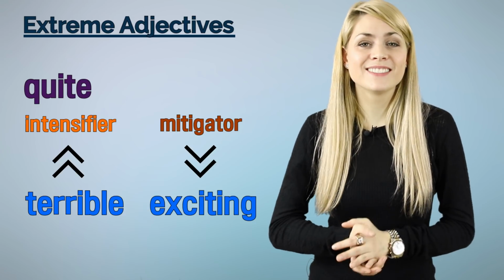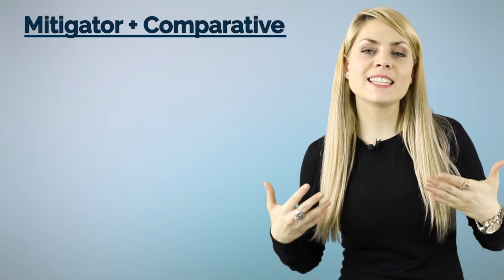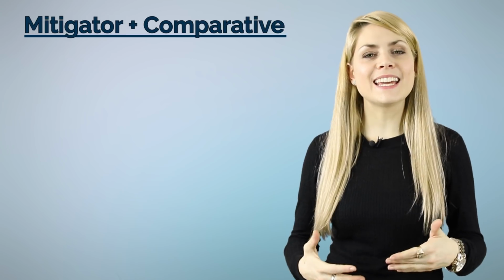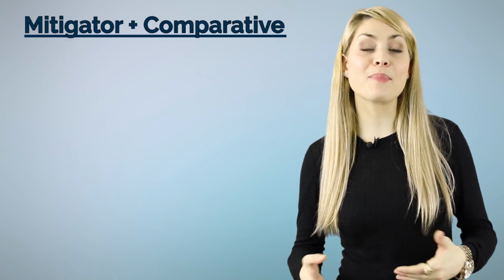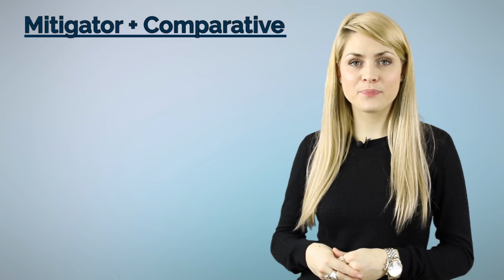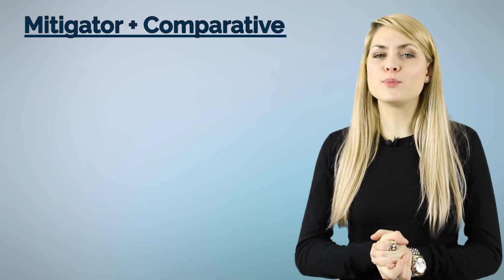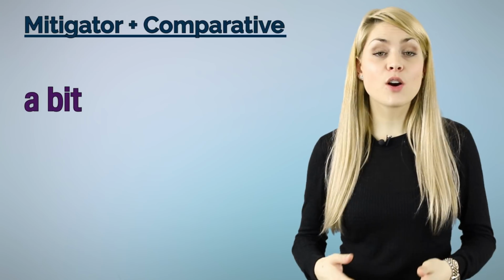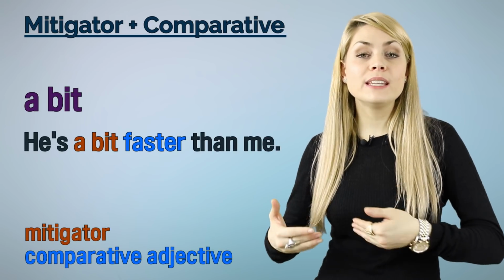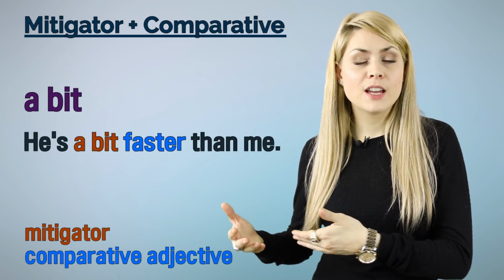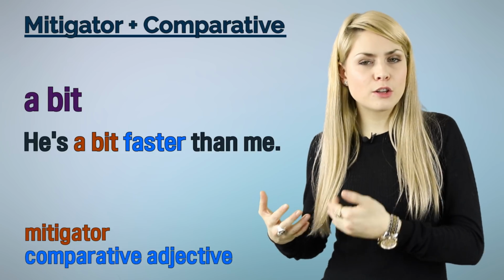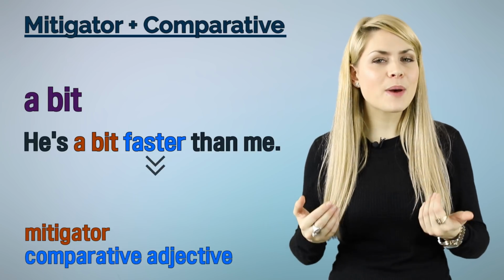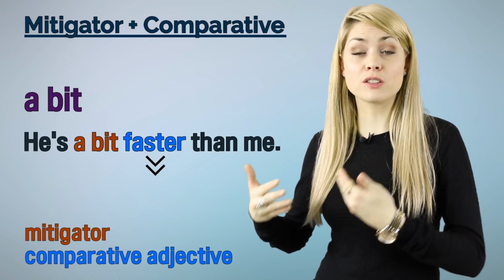Let's move on. Just as intensifiers, mitigators can be used with comparative adjectives. Let's look at a few examples. We can use a bit. For example, he's a bit faster than me. When you say he's a bit faster than me, it's less powerful than he's faster than me.